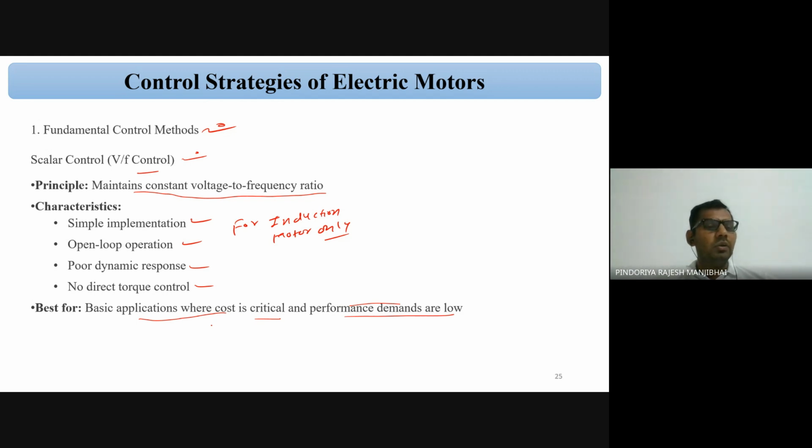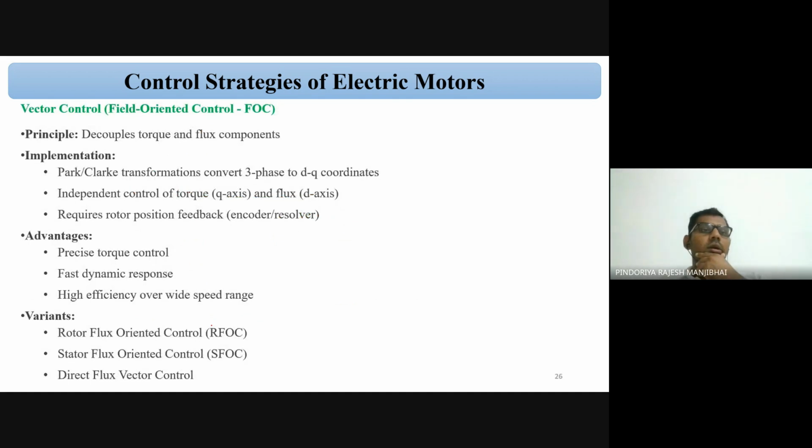And there is the vector control, field oriented control.